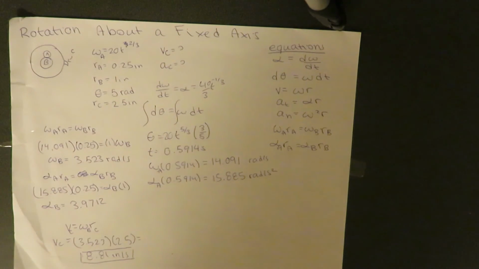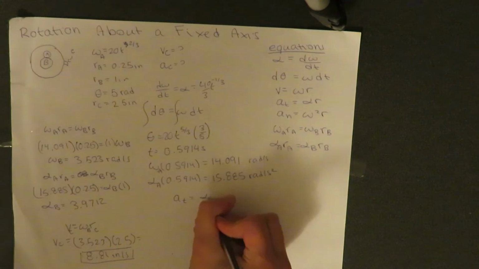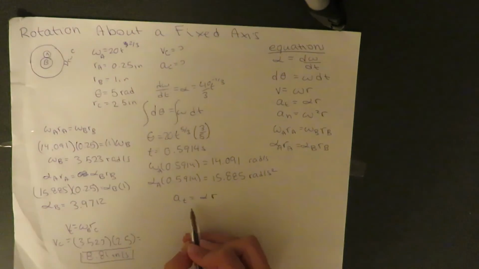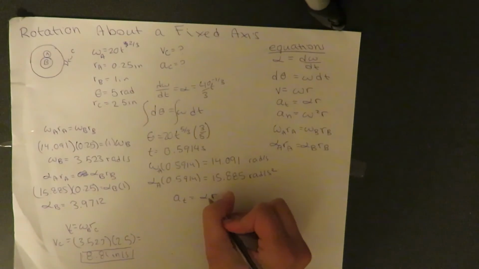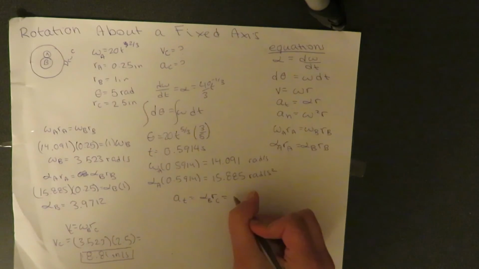It wants the acceleration at C, so tangential acceleration is alpha r. Tangential acceleration of C is alpha B, because again they're going to be the same, times RC.